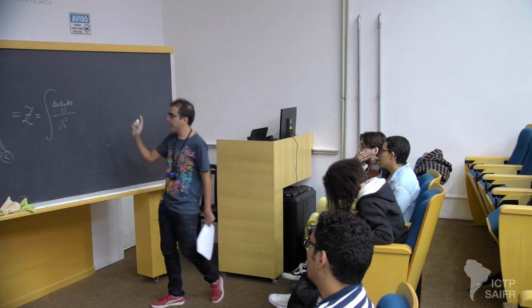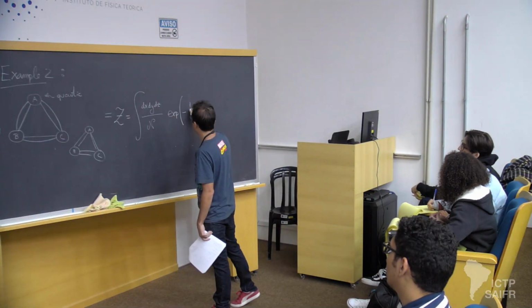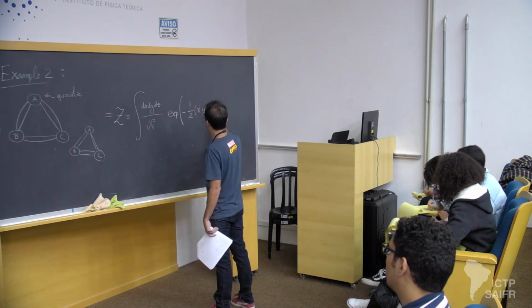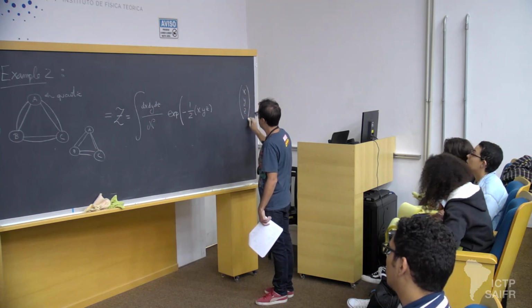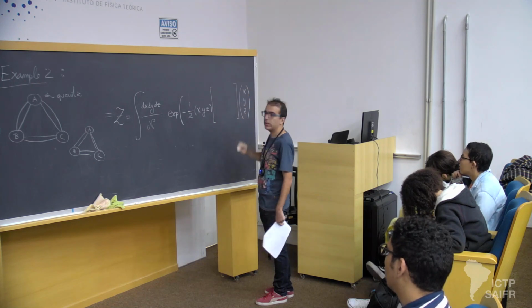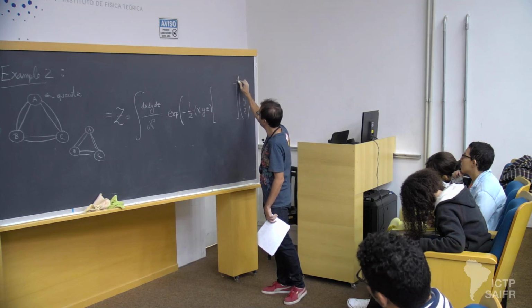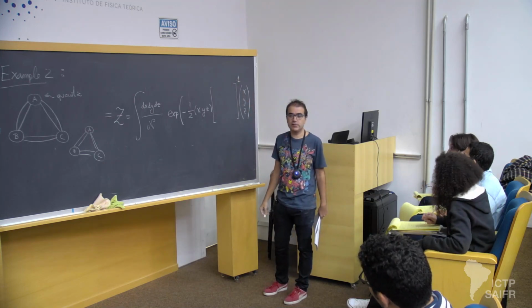The correct thing to write is exponential of minus 1/2, the vector x, y, z, here the vector x, y, z, and here a 3 by 3 matrix. But it's easy to just say it's the inverse. And the inverse, I know very well what I want to get.